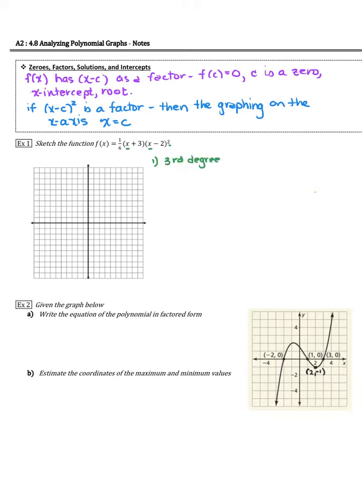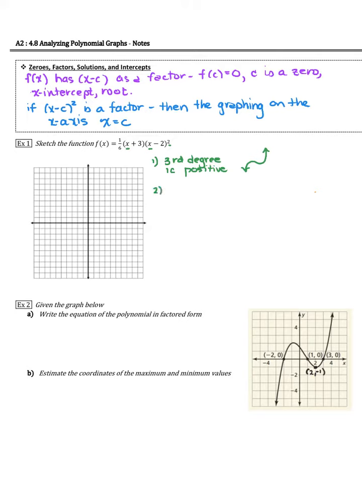That means it's an odd function. Remember, that means the branches go in opposite directions. My lead coefficient is 1/6, which is positive. So I know that in general, my graph will have this shape to it. You'll have the two turnarounds, and your final end behavior is going in the positive direction.